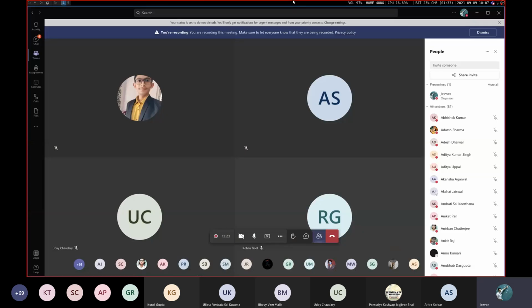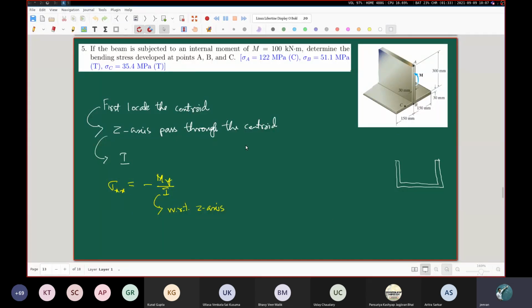Okay, let's start now. So we were discussing this problem, and as I have been saying repeatedly, the main thing here in most of these problems is to do the calculations correctly.